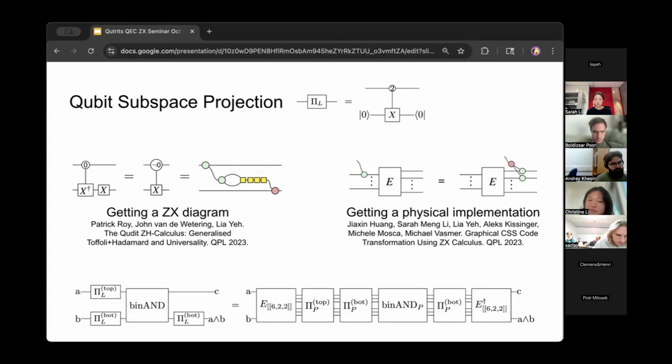We sometimes use this notation when writing these ZX diagrams. In the mixed dimensional ZX calculus, this is the one input, one output green spider that is 1, 1, 0: it's identity on ket 0 and ket 1, and then it annihilates ket 2. So that's what this pi sub l is. Thank you. In short, the answer is yes, and it is this slide.